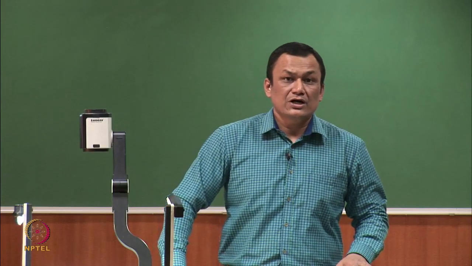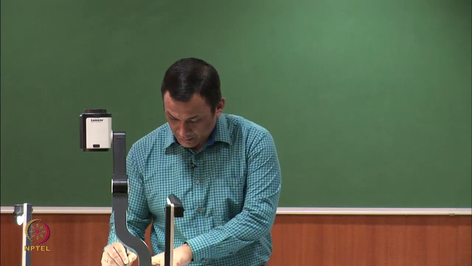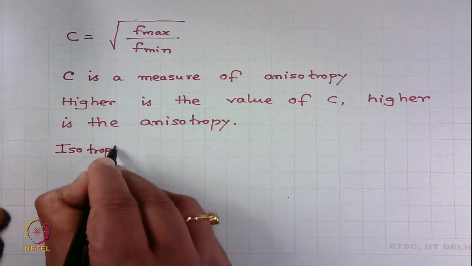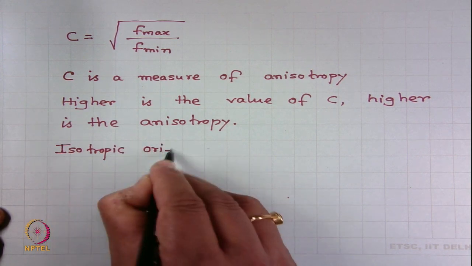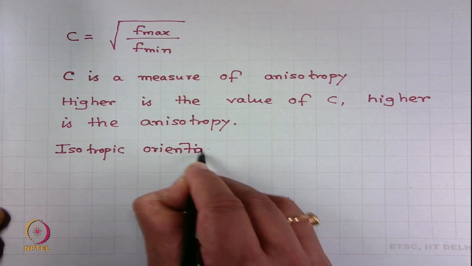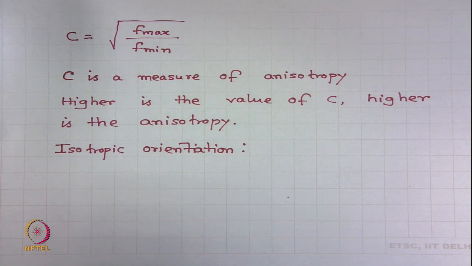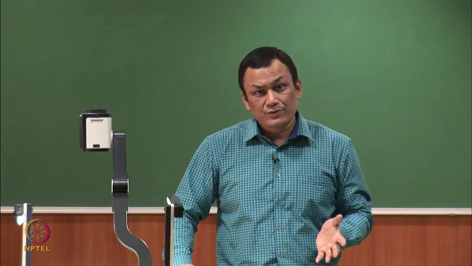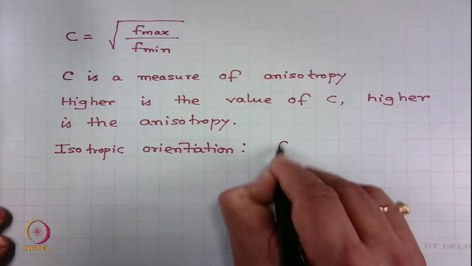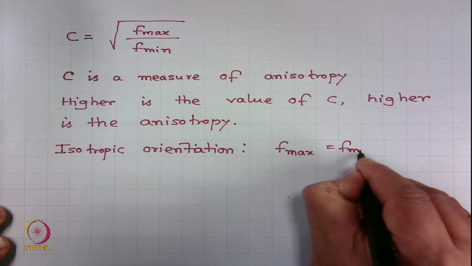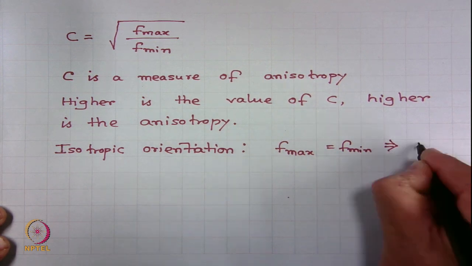Let us think about isotropic orientation. In case of isotropic orientation, the relative frequencies are the same. So, f max is equal to f minimum. What does that mean? This means C is equal to 1.